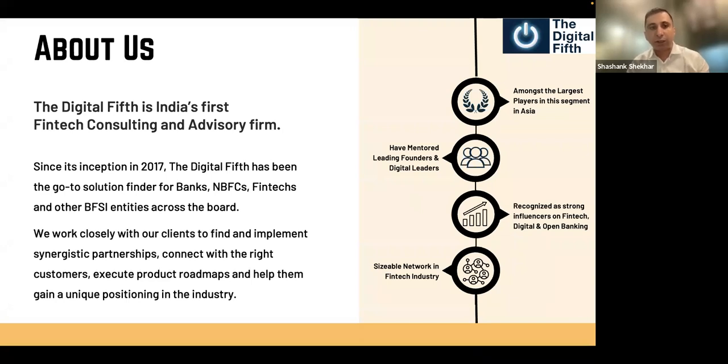The Digital Fifth is a fintech and digital consulting firm, started almost 6 years back. We have been working with banks and fintechs, helping them with product management, digital advisory, and technology advisory.